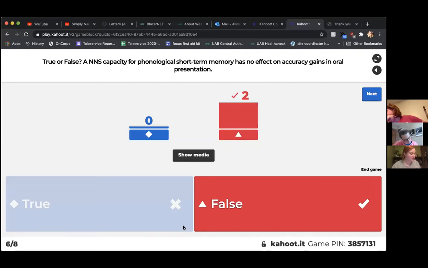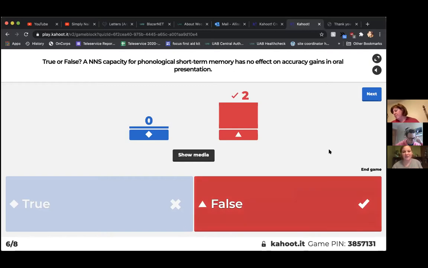They did a study on this. Those two things, the phonological short-term memory and complex working memory, both had results of accuracy gains. Phonological short-term memory was gains in oral description, and the other one, complex working memory, was gains in written.